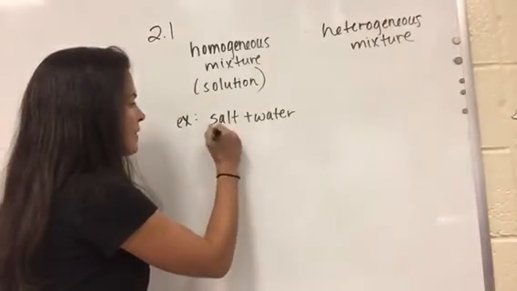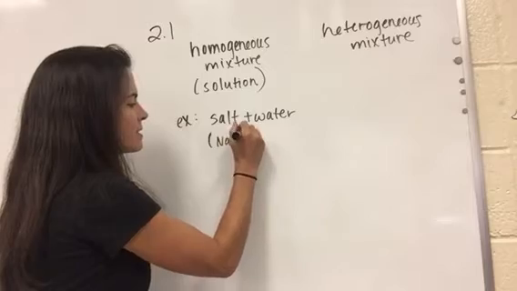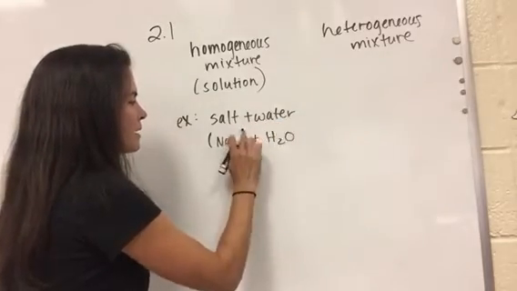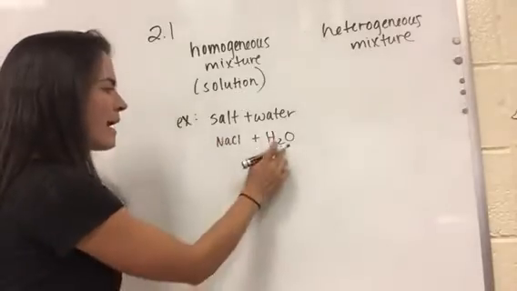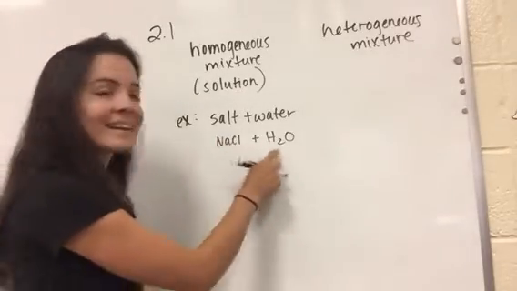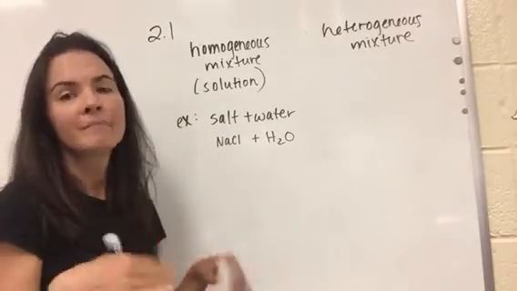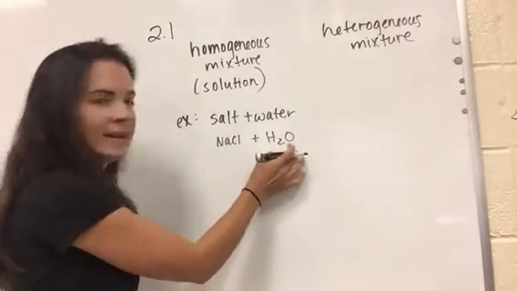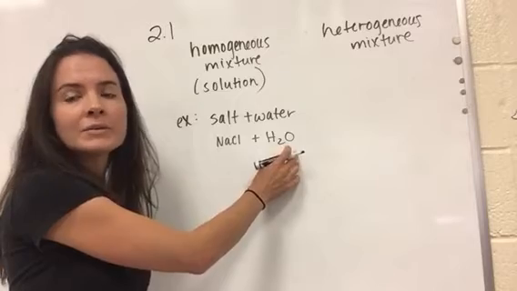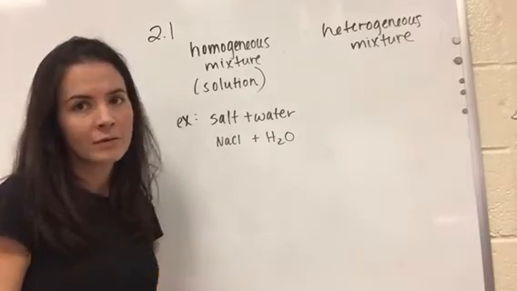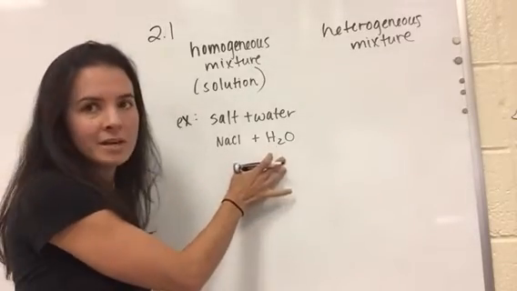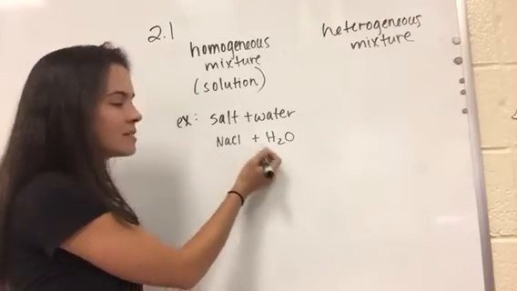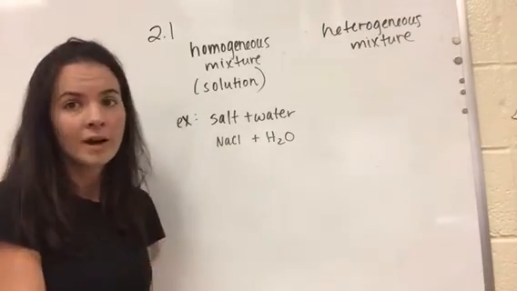So that would be NaCl, salt, plus H2O, water. I add them together. They do not react chemically together. They're only mixed together, and I could easily separate them by evaporating the water out. So this is not a compound being formed when you mix them. Nothing new is being formed. They are just simply mixed together. The salt dissolves, and now you have salty water.